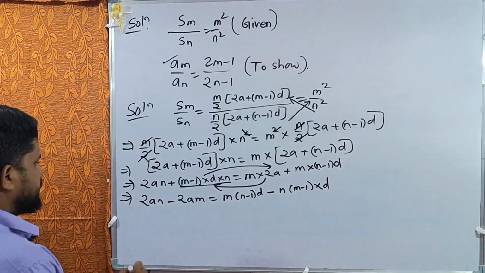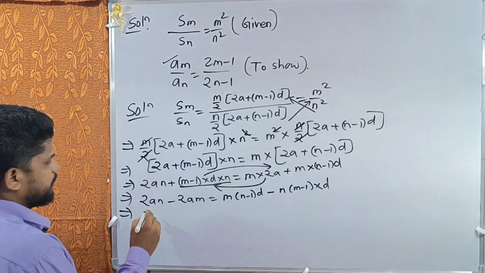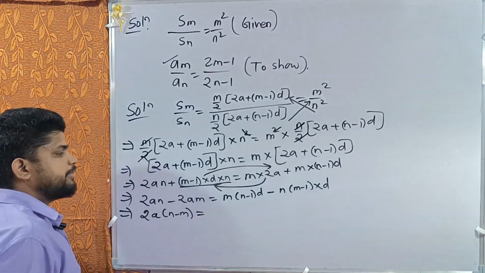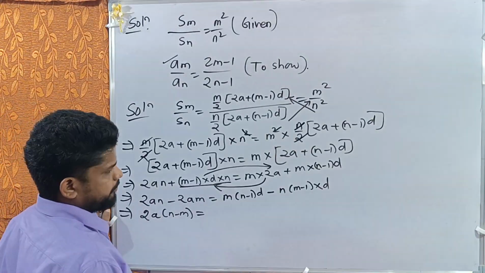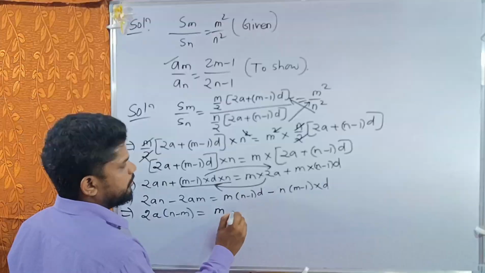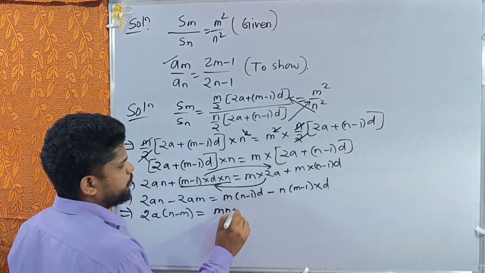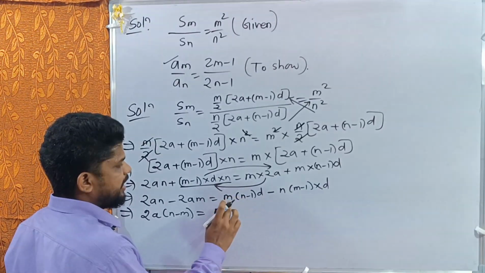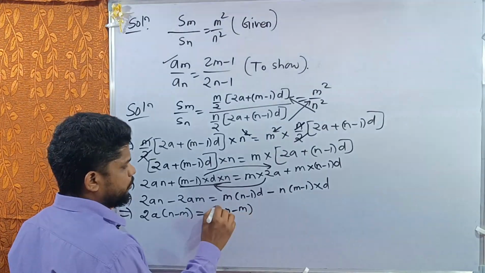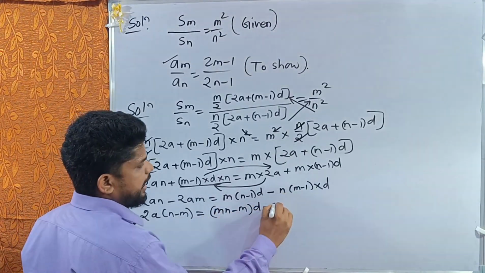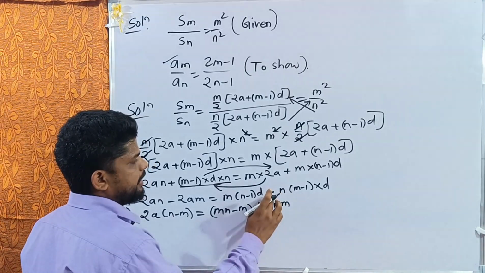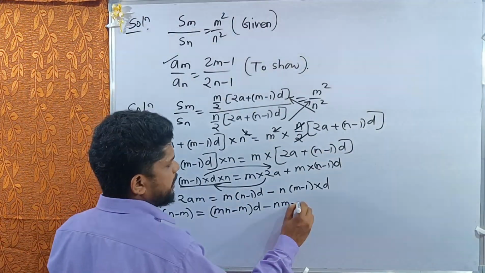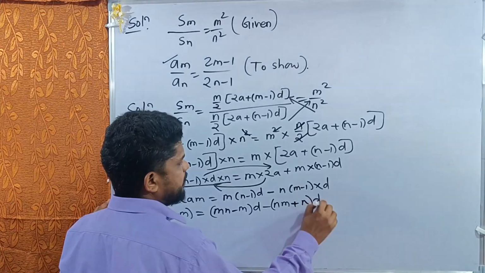We can take 2a as common, so it will be 2a into (n minus m), and on the right, d into (mn minus m minus nm plus n).